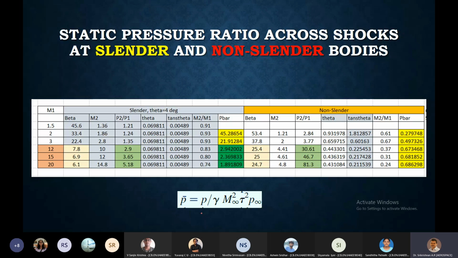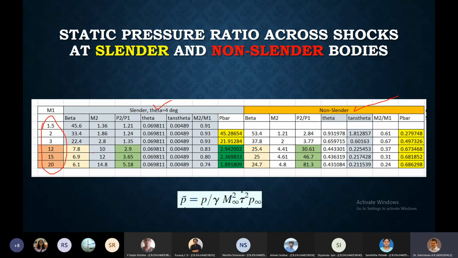I'll just quickly show this. I have done the calculations for a Mach number range of 1.5 to 20 for slender bodies. I have done it for non-slender bodies too. I don't remember what angle I took, must be around 30 or above that. And I've just done some calculations based on the shock tables.